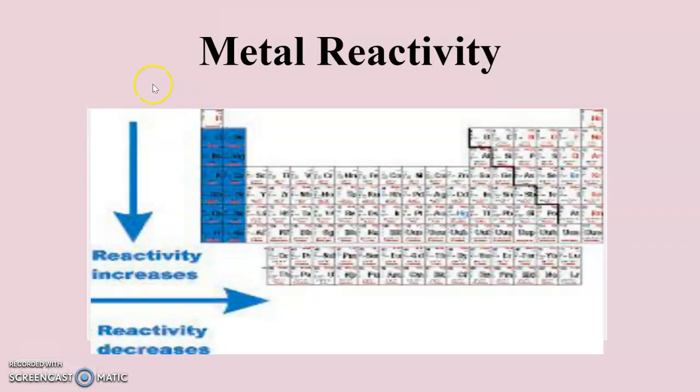This makes sense because the metals on the left-hand side have 1 or 2 valence electrons. They're looking to get rid of them, right? So they're more likely to interact with our super electronegative elements on the right-hand side. And as we go from left to right, we're transitioning out of the metals into our nonmetals.